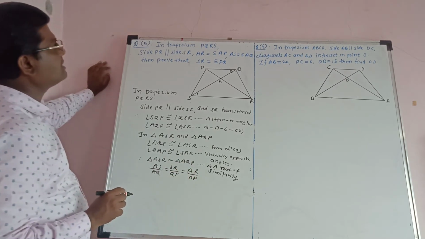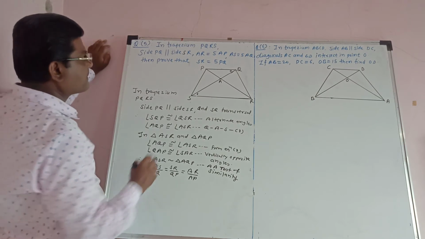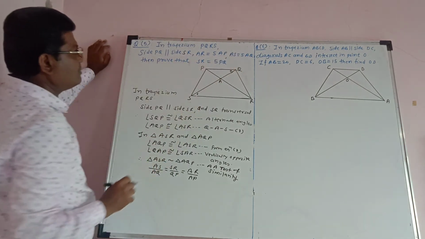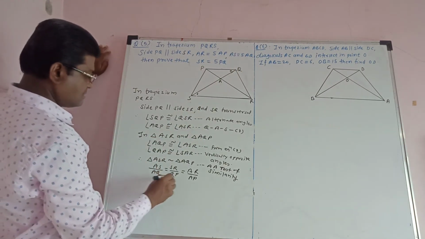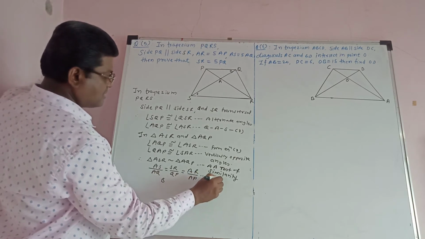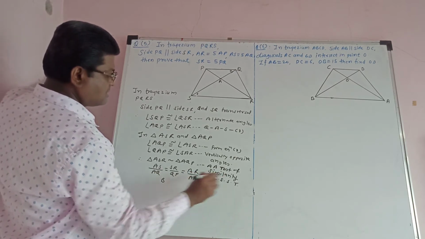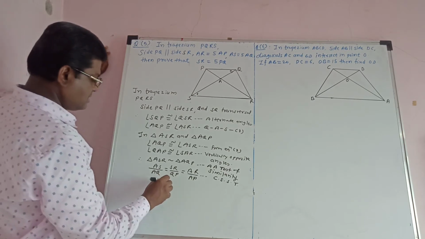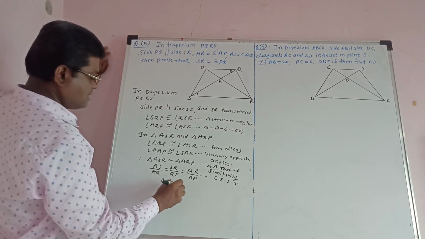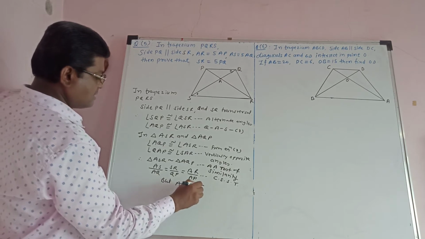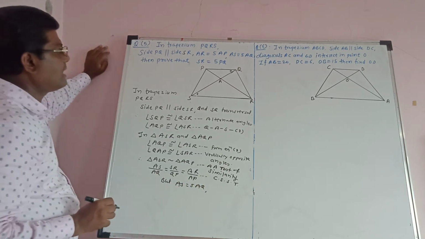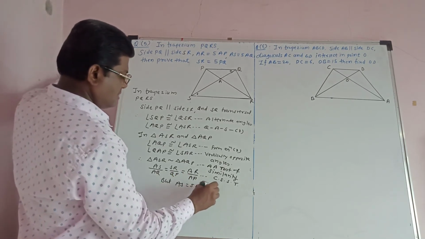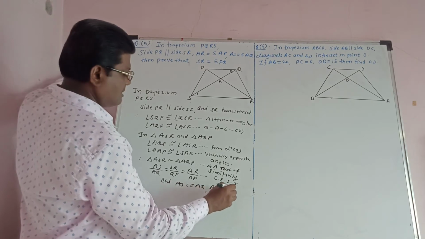Now let us see what is given here. Reason for this, CSST, corresponding sides of similar triangles. But we have given AS is equal to 5 AQ and AR is equal to 5 AP.